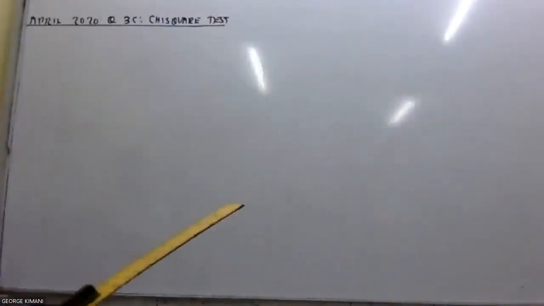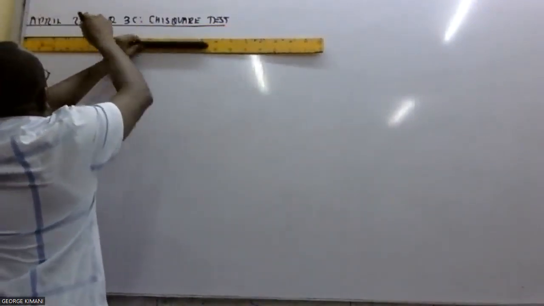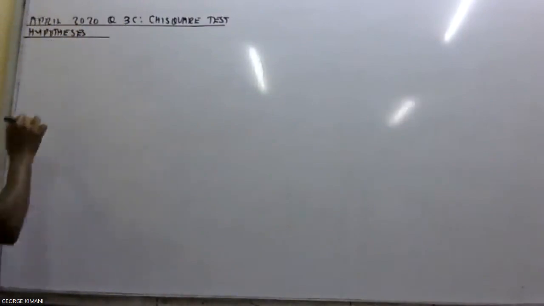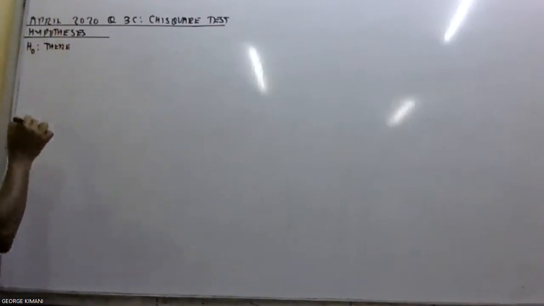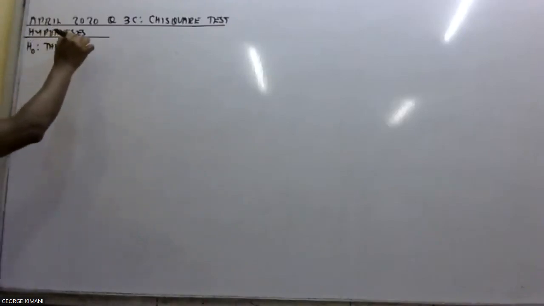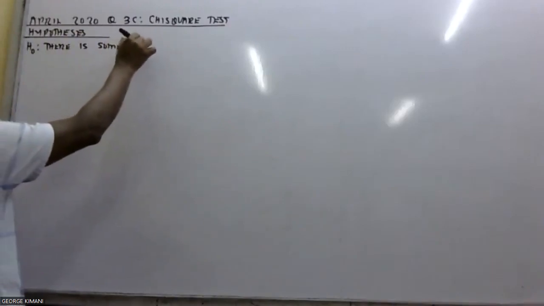So when you're doing chi-square, the first thing is called hypothesis. In the hypothesis, H naught, we normally say there is some association or some correlation.